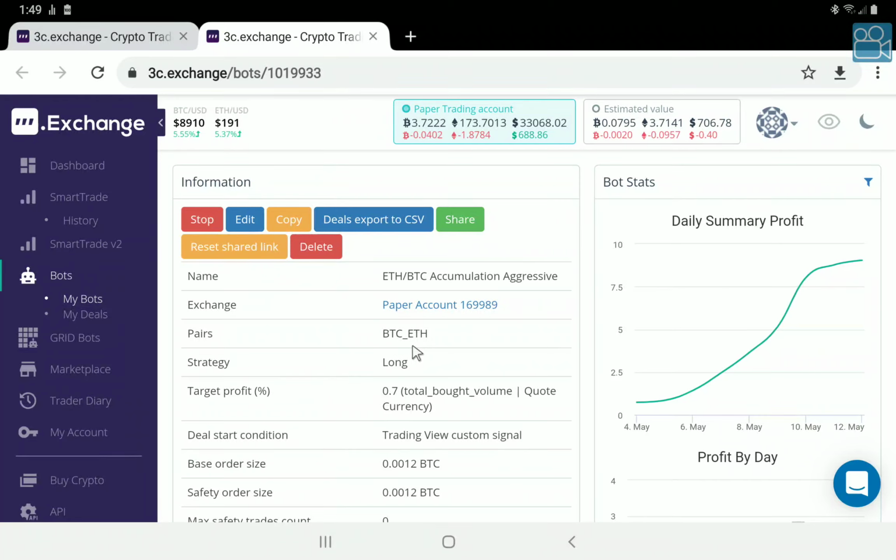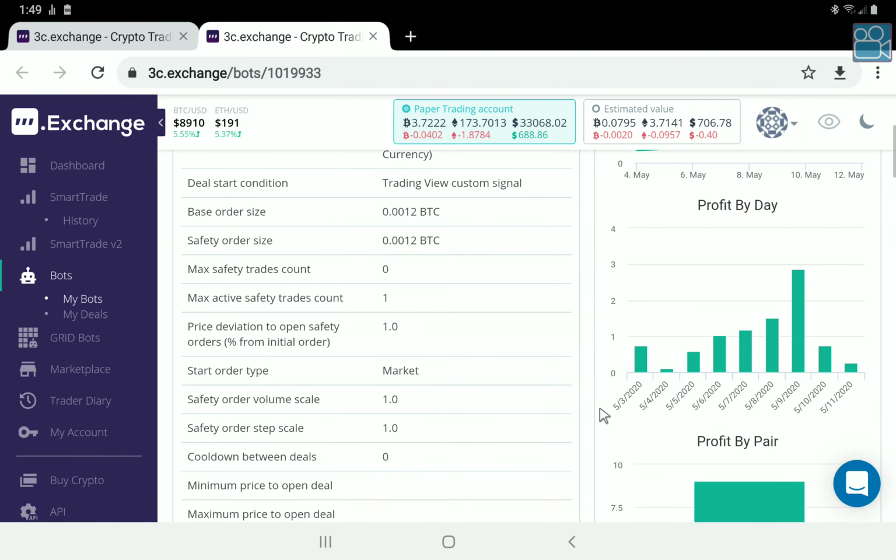It's exactly identical to the previous spot, but no safety orders. It's already made a profit, whereas the other one is still accumulating. But there's a dark side to this spot, a very dark side.